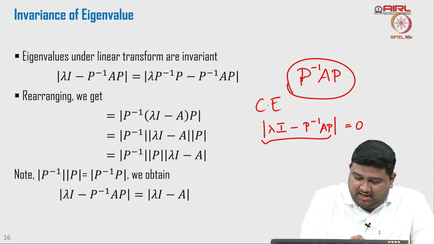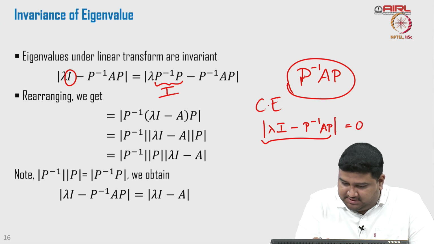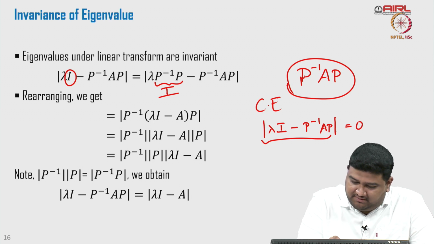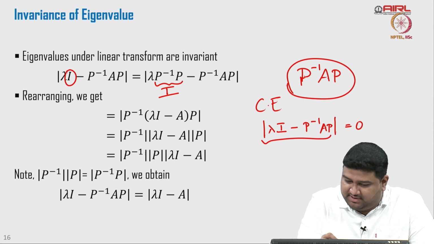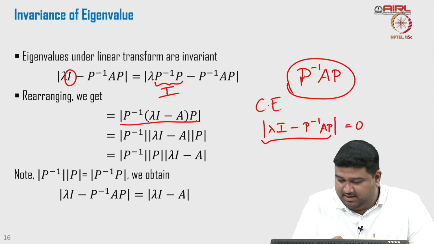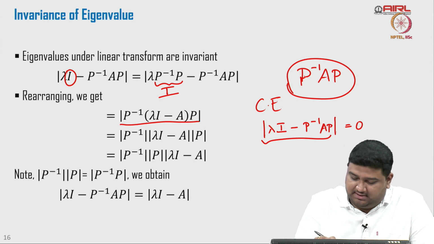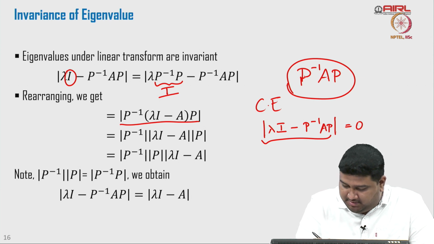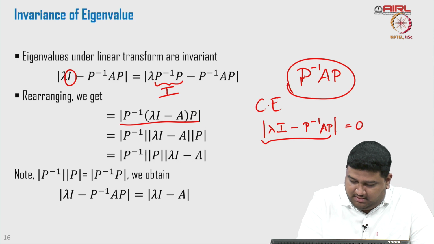We can write the identity matrix as P inverse P, because this is the same as I. If we rearrange this, if we take P inverse common to the left and the matrix P common to the right, we end up with P inverse times lambda I minus A times P, and we can split the determinants again.